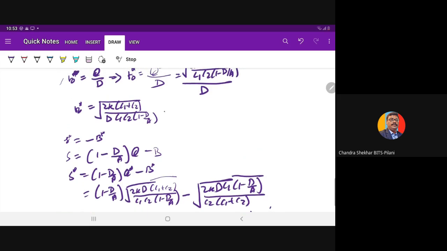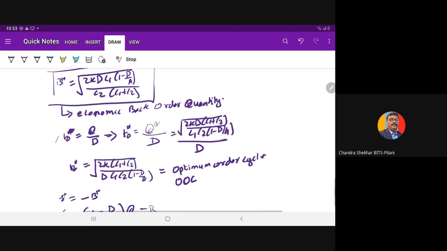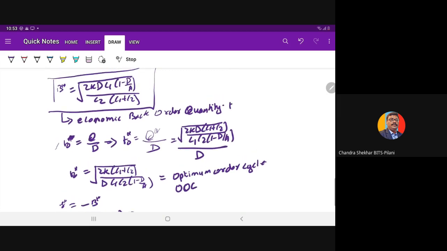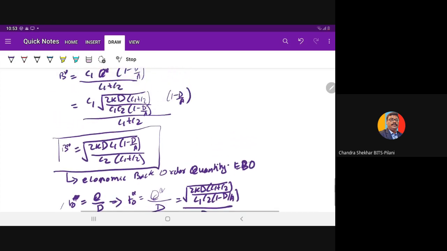And this T naught is nothing, it is the optimum order cycle. So commonly we denote it by the OOC. And this is the economic back order quantity, we denote it by the EBO.